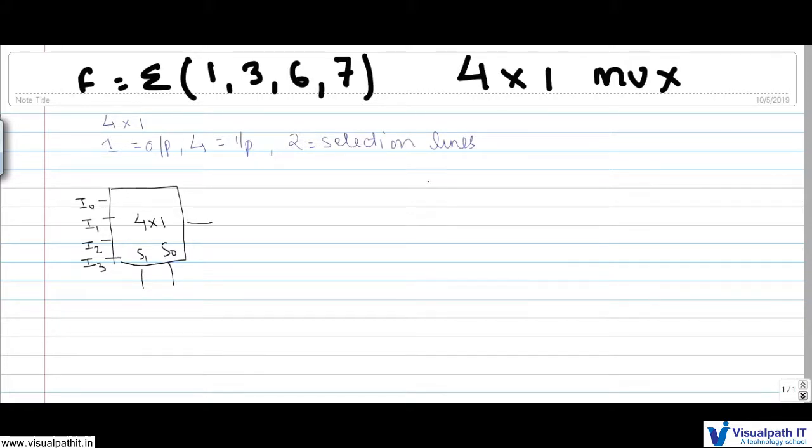So firstly, I need to make the truth table for this function. This function is high for 1, 3, 6, 7, right?